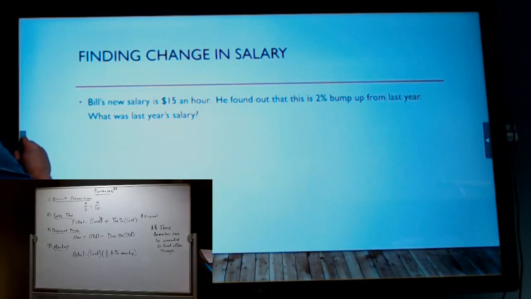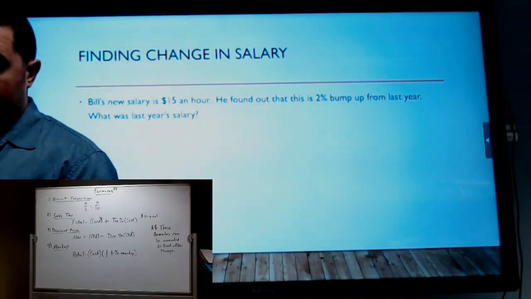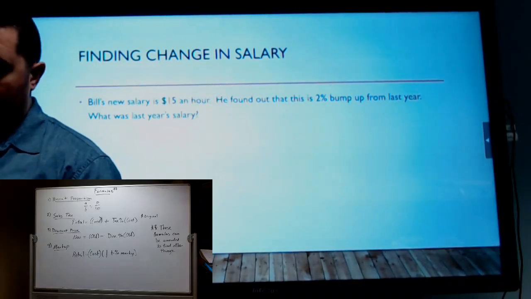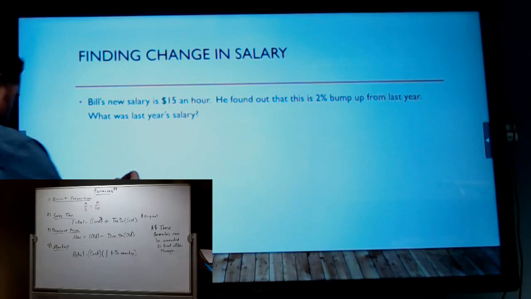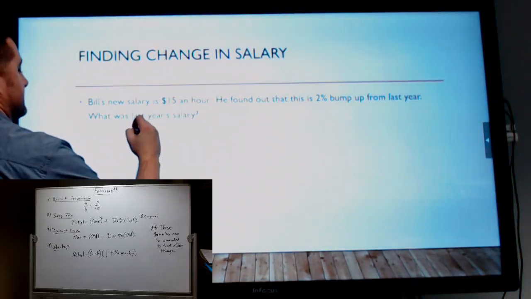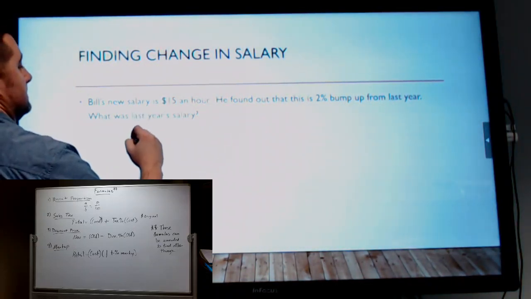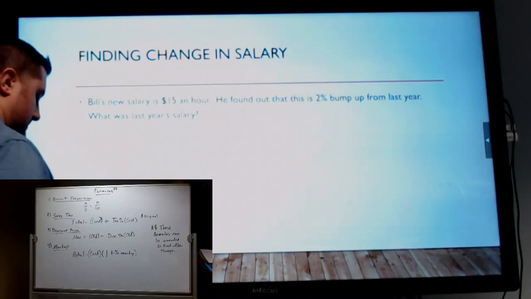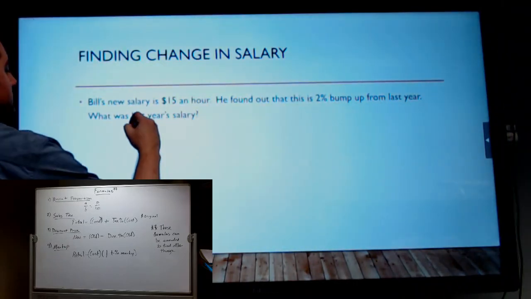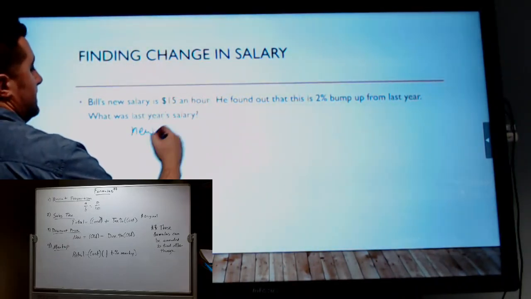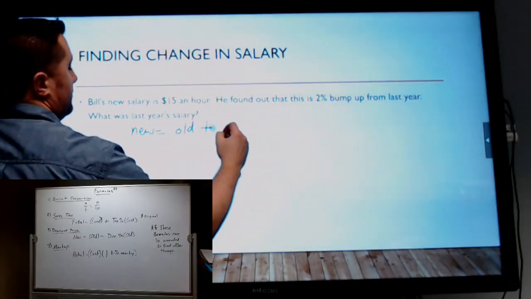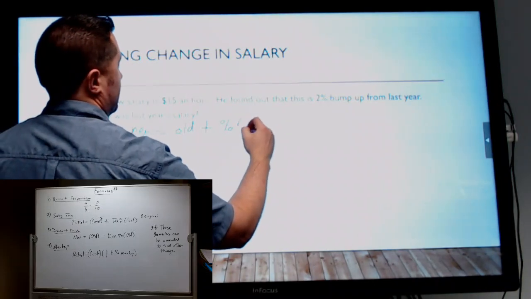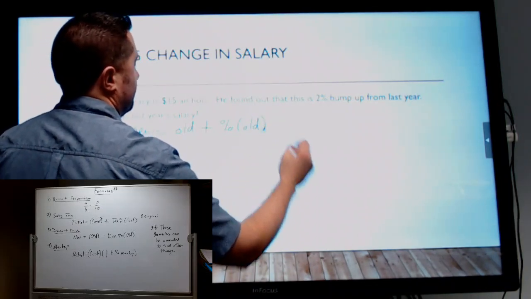So instead of total cost and tax, we'll put new is equal to the old one plus the percent of the old one.